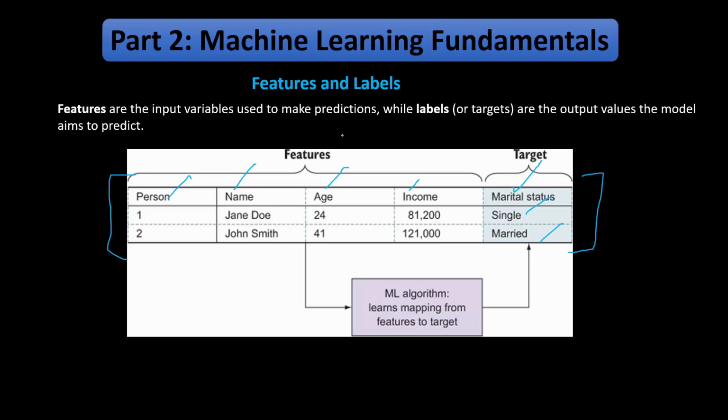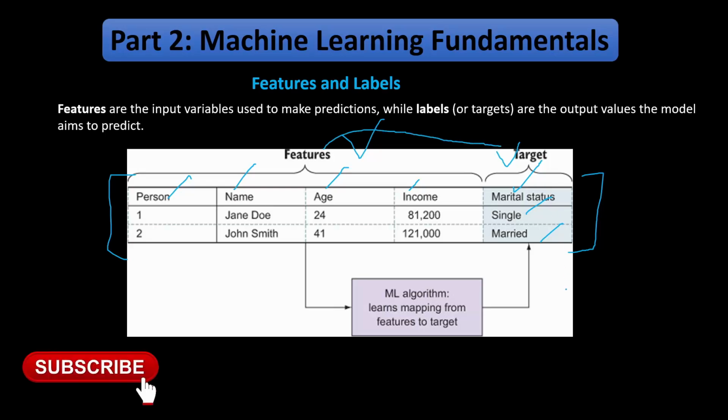But what is a feature and what is a target? Features are the variables, columns, or values that the model uses to make predictions, while labels, targets, classes, or continuous values are the output values that the model aims to predict. So the concept is that the model tries to learn the mapping between input features and the target column.